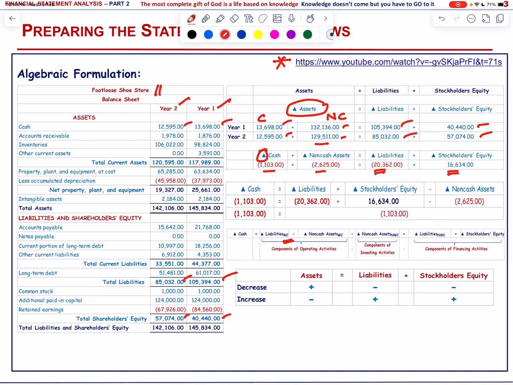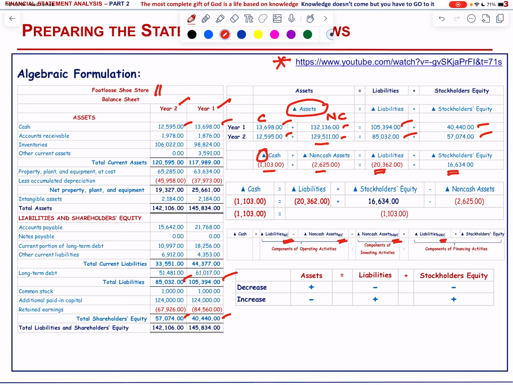So you can see we have the working capital liabilities, and then we have the non-cash assets as working capital as well. Then we have the other component. This includes the long-term assets like property and investment, and long-term liabilities like debt. So we have the net working capital, the non-cash assets over here, and the liabilities also.